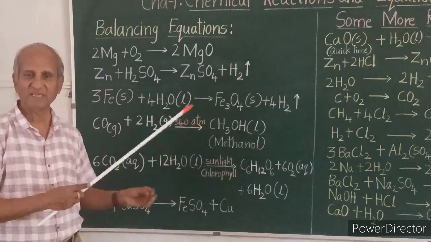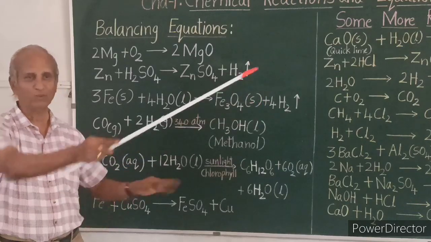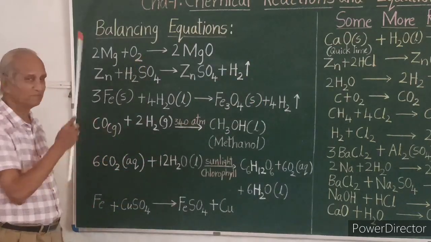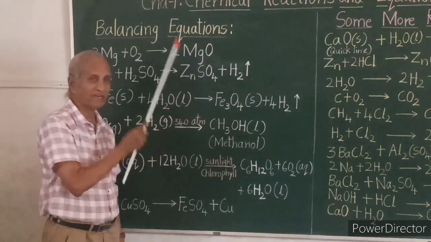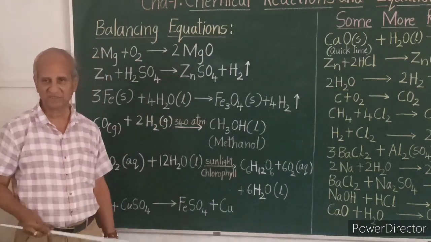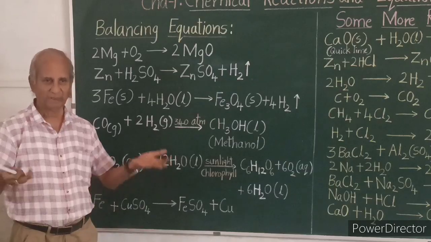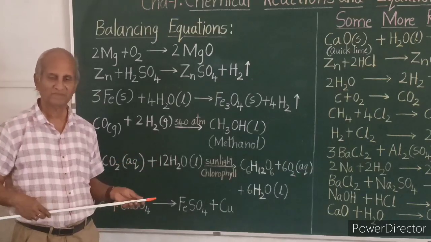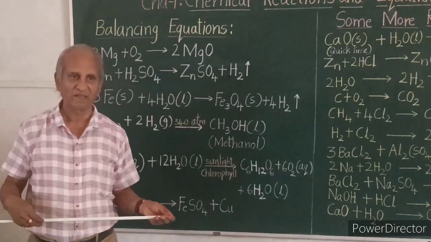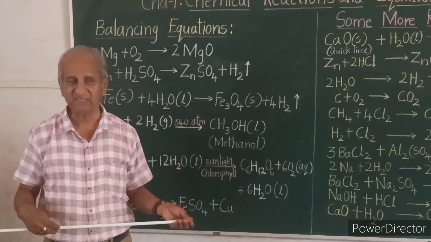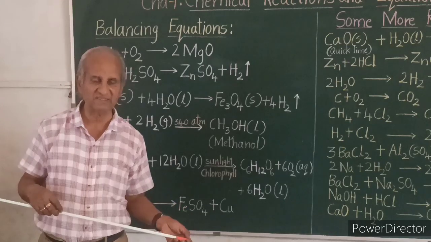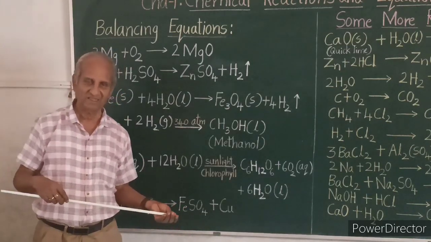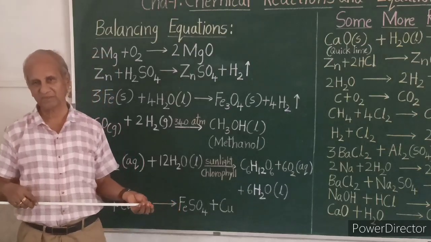If you just write Mg plus O2 gives MgO, it is not enough. The reactants and the products, here only one product, their masses will have to get balanced. Mass of an object or mass of objects is neither created nor destroyed.